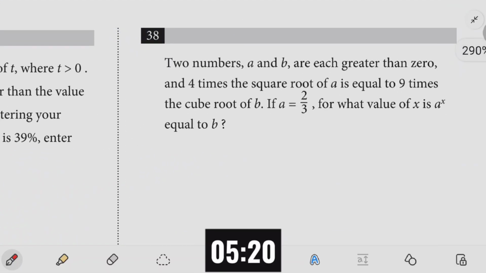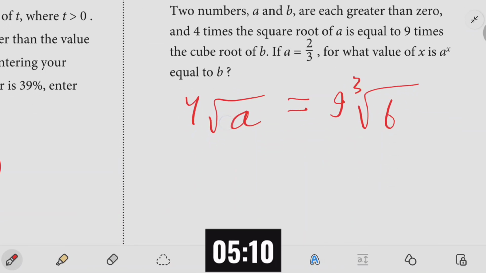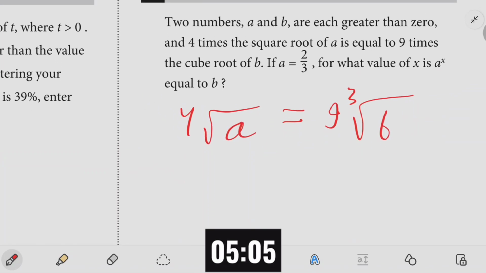The numbers A and B are each greater than 0, and 4 times the square root of A is equal to B. If A is 2/3, what is the value of x as AX is equal to B? What?